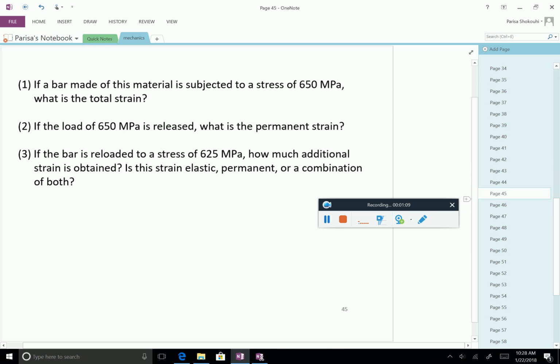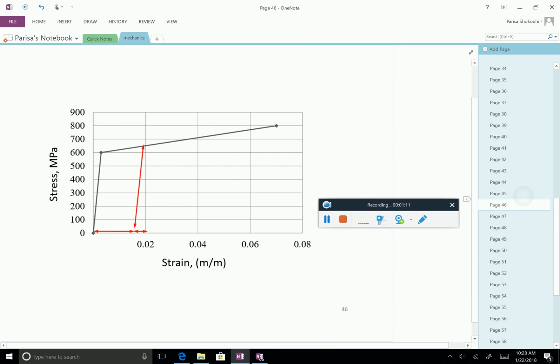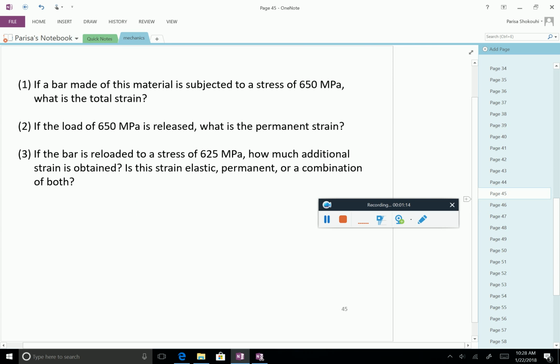So what we are asked to calculate are these three questions. But you have to be very comfortable with problems like that.